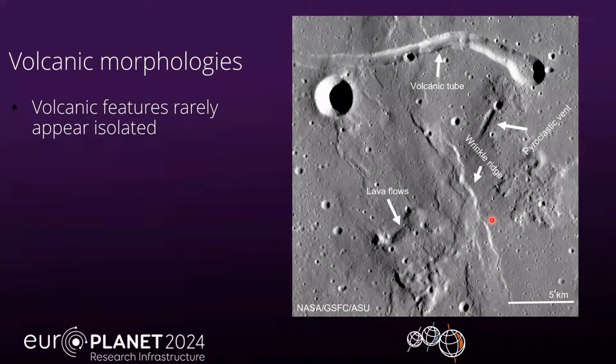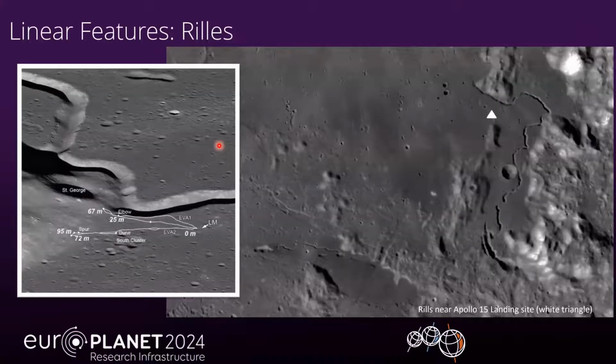Right. Another example of a volcanic feature here is a sinuous rill. This is the Apollo 15 landing site. And here also you can see that there are maybe some volcanic sources, these oblong kind of craters. They are not impact craters, but they are volcanic features.